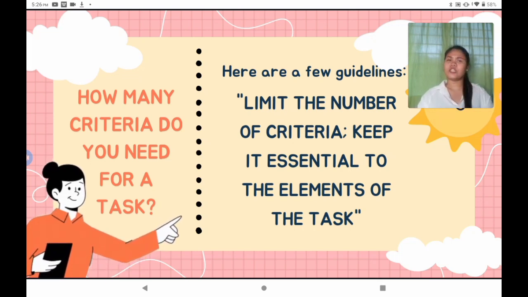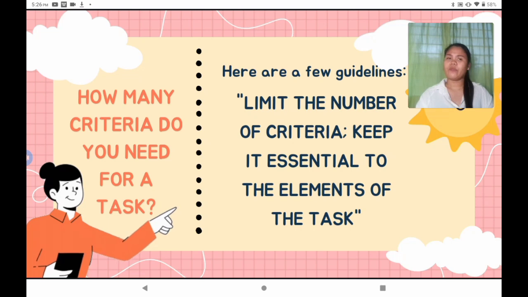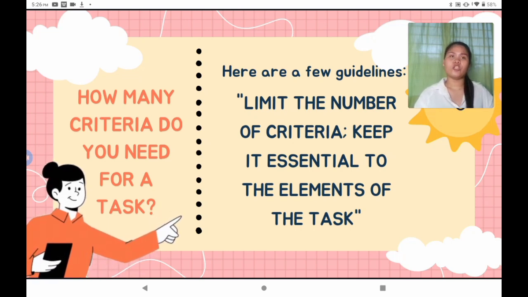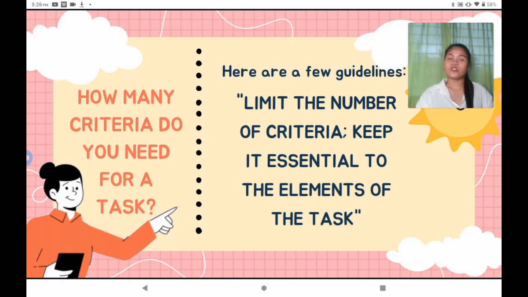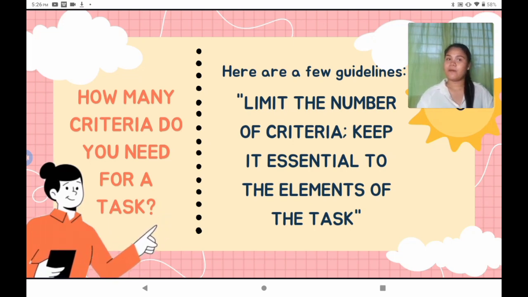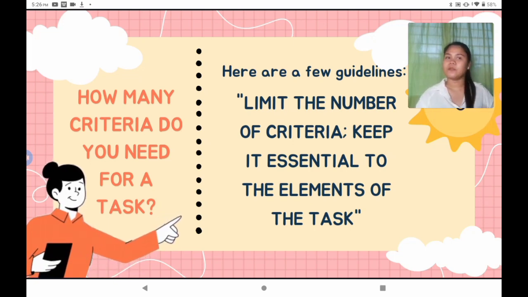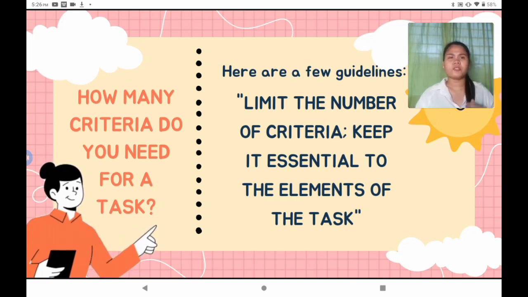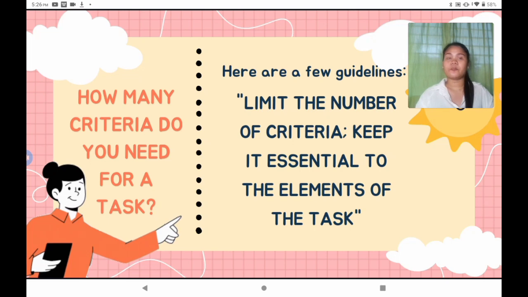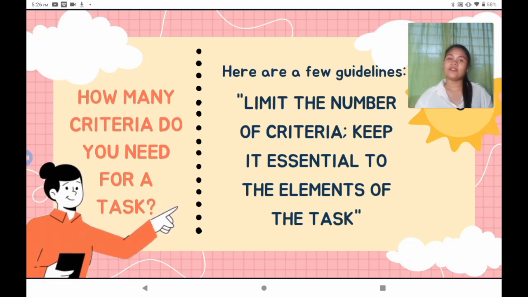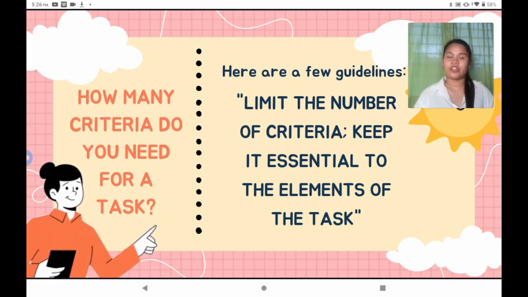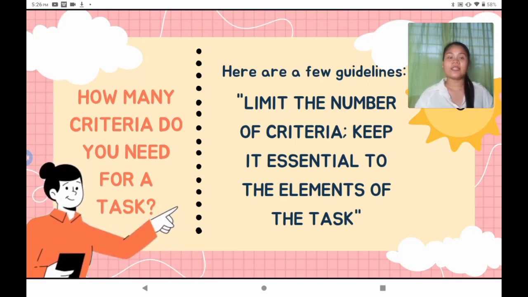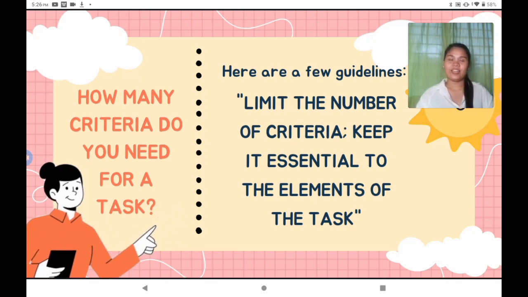Keep it essential to the elements of the task. For example, you are teaching mathematics. Teaching mathematics focuses more on problem solving, so do not include criteria that involve grammar or checking of spelling. No, we should not include that in our criteria, but rather focus more on the subject itself. Understand?